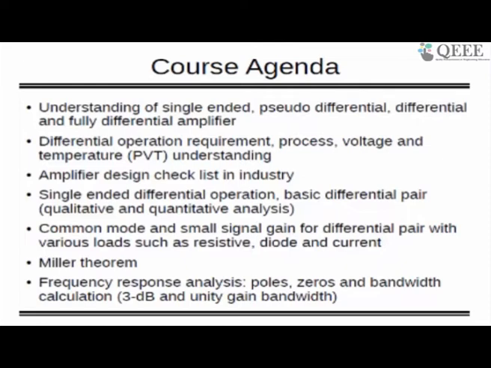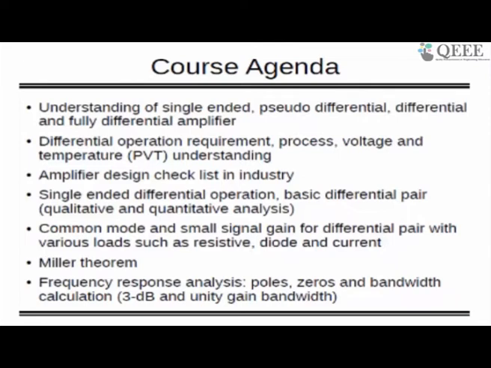Thereafter, the third part of our course is associated with the frequency response. Frequency response is the one where your gain is limited by the bandwidth, or gain is limited by the extra poles and zero creation. We are going to study that through one very famous theorem called Miller theorem, and it's very important to understand that Miller theorem can give you poles, zeros, and bandwidth.